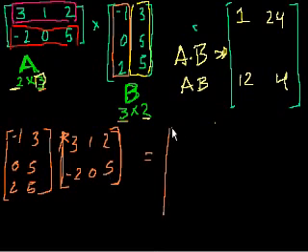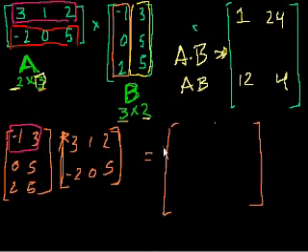We learned that you get the row information from the first matrix and the column information from the second one. So this term, in theory, should be that row times what? Actually, it turns out that you can multiply them. Because this is a 3 by 2, and this is a 2 by 3, right?